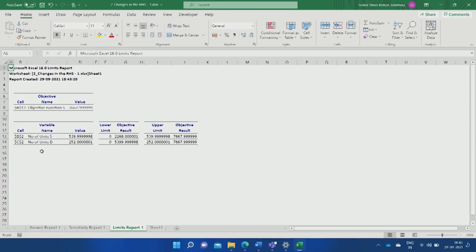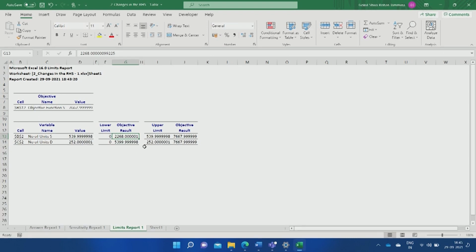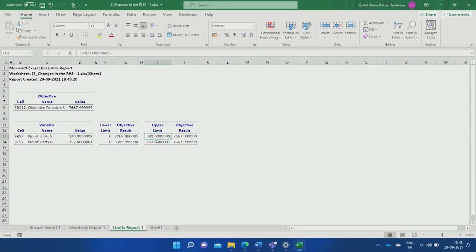For example, the value of S lower limit is 0. So, in our objective function, if you substitute S equal to 0, the objective function value is 2268. Suppose in that objective function S equal to 0, instead of 0 when you put 539, you will get 7667.